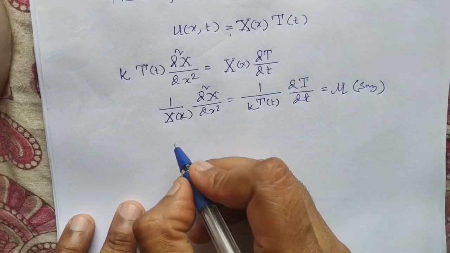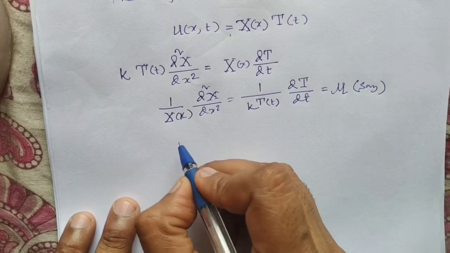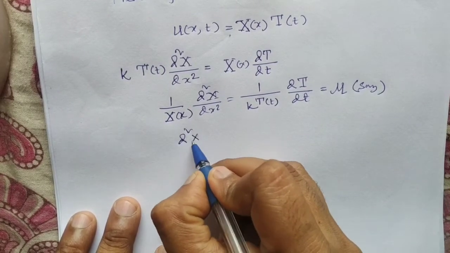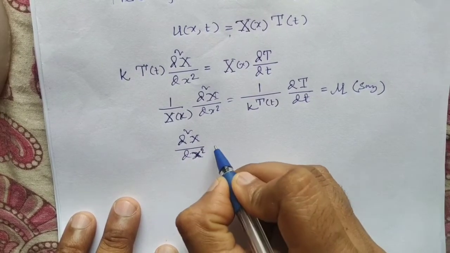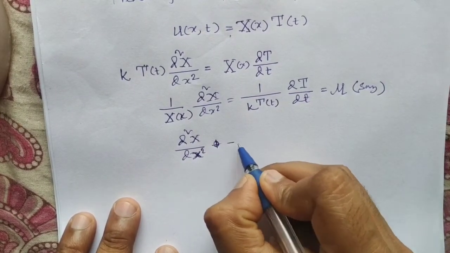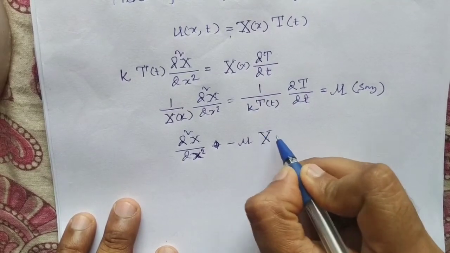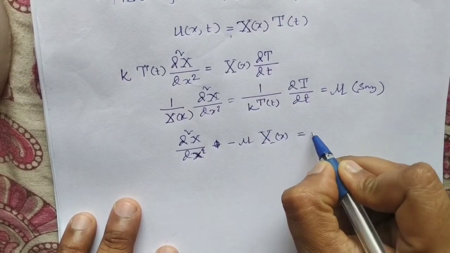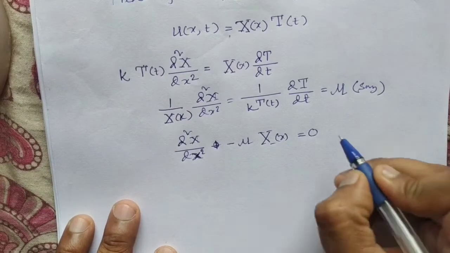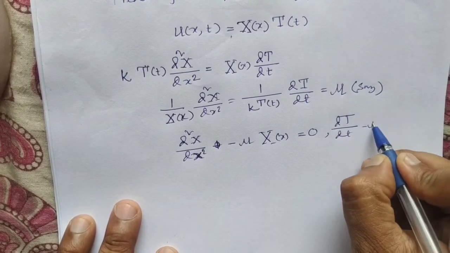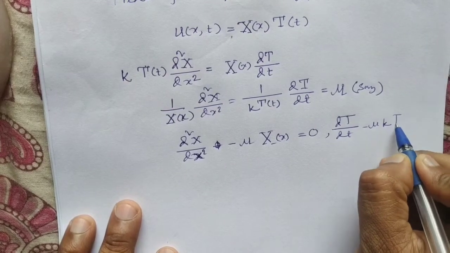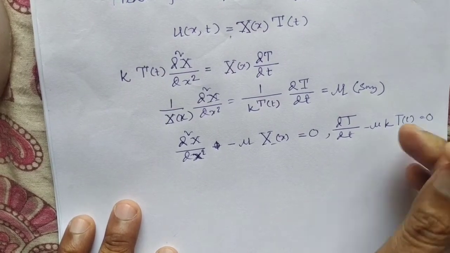So you get two differential equations. Number one is d2X/dx2 minus mu X(x) is equal to 0, and the second one is dT/dt minus mu kappa T(t) is equal to 0.